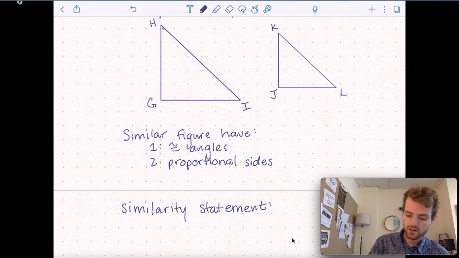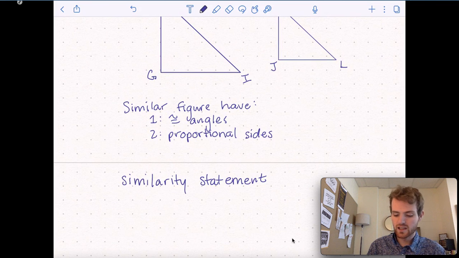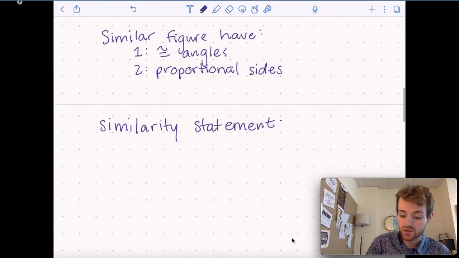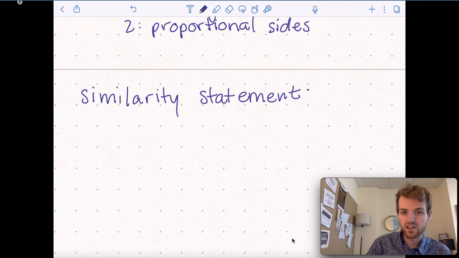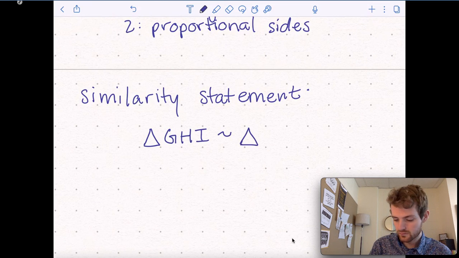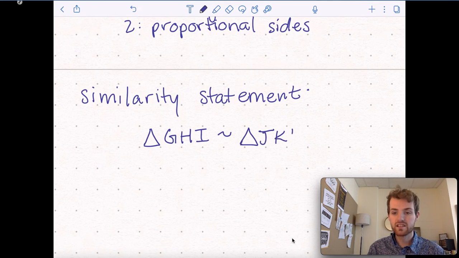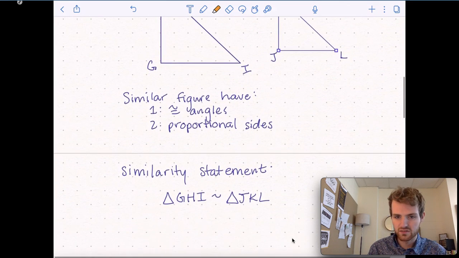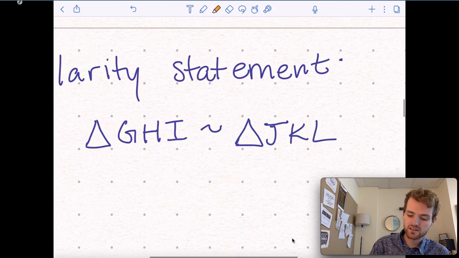Let me write this in real quick. It's going to look very similar to our congruent statement. We're talking about triangles, so what was it? GHI is similar to JKL. Notice here the difference is this.